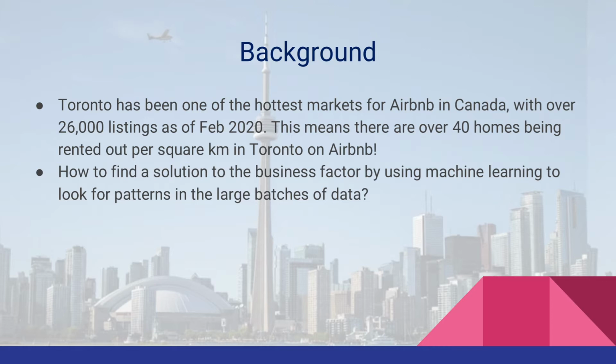This means there are over 40 homes being rented out per square kilometer in Toronto on Airbnb. Then the question comes: how to find a solution to the business factor by using machine learning to look for patterns in a large batch of data.